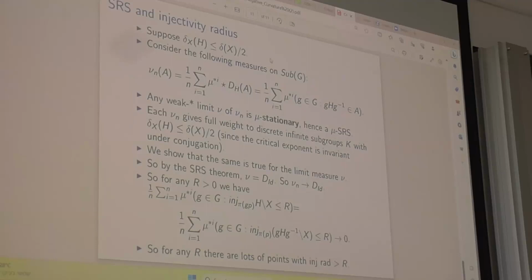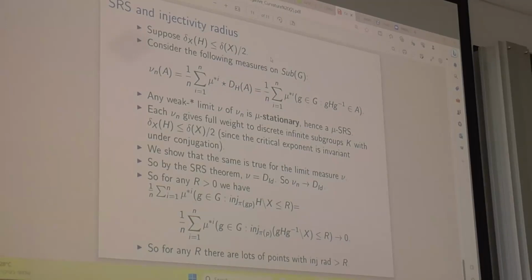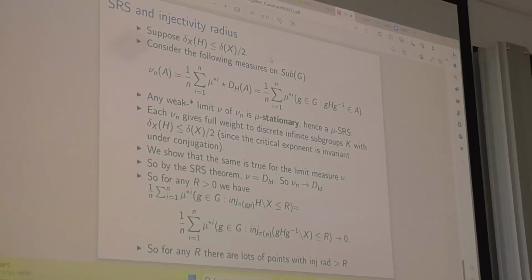So why would I want to do this extra step with Cesàro averages? It's because for any group action, for any measure on the group, if you take a weak-star limit of these Cesàro averages of convolutions, convolved with any measure you want to start with, then you get something stationary.